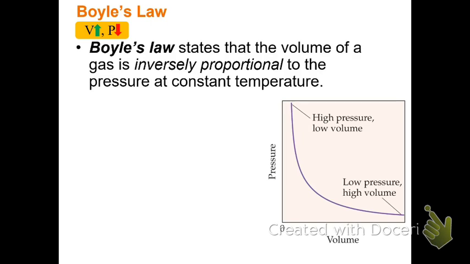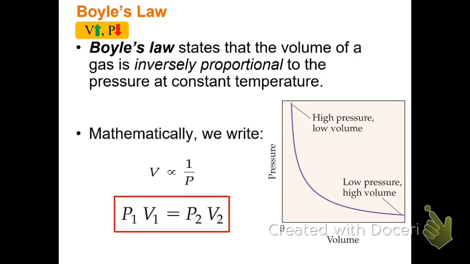All right, so let's look at Boyle's law, right? Boyle's law basically states that the volume of the gas is inversely proportional to the pressure of the gas at constant temperature. So mathematically, this is the relationship between pressure and volume. Again, this has to be at constant temperature and constant number of moles.